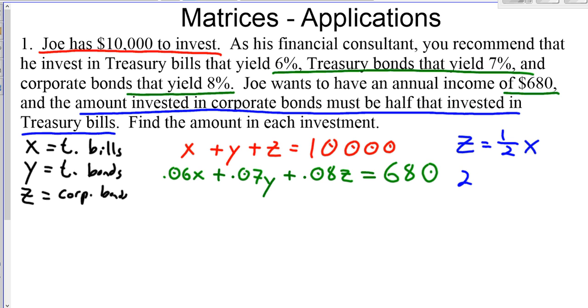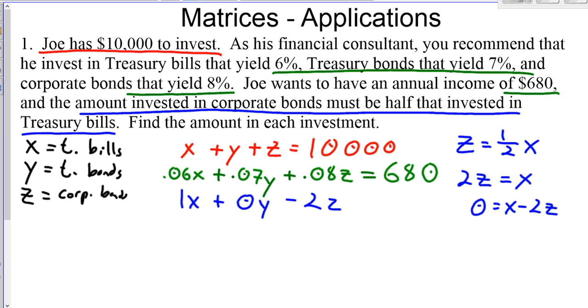So if I multiply both sides by 2, I get this, and I can do 0 is equal to x minus 2z. Putting this over here, I get 1x plus 0y minus 2z is equal to 0. So there I have my three equations.